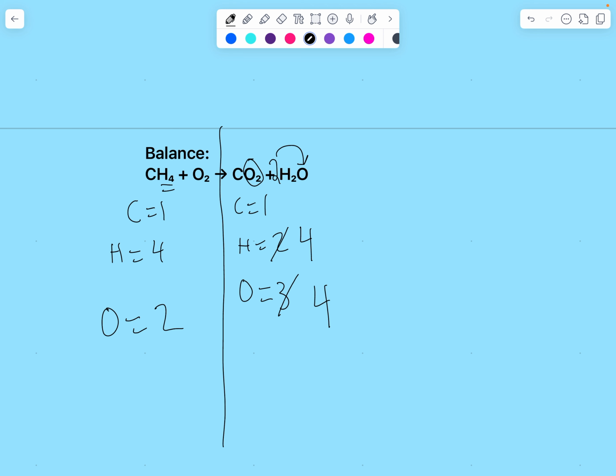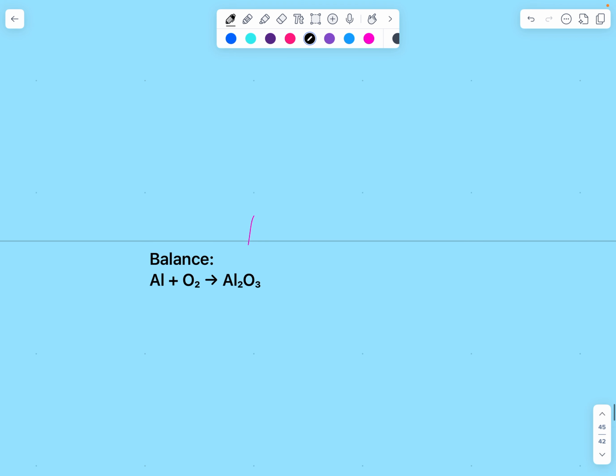So now everything is balanced left to right except oxygen. So I'm going to place a 2 right here, and then I have 2 times 2, which is 4. So by doing that, my final answer is CH4 plus 2O2, arrow CO2 plus 2H2O. This is your final answer.